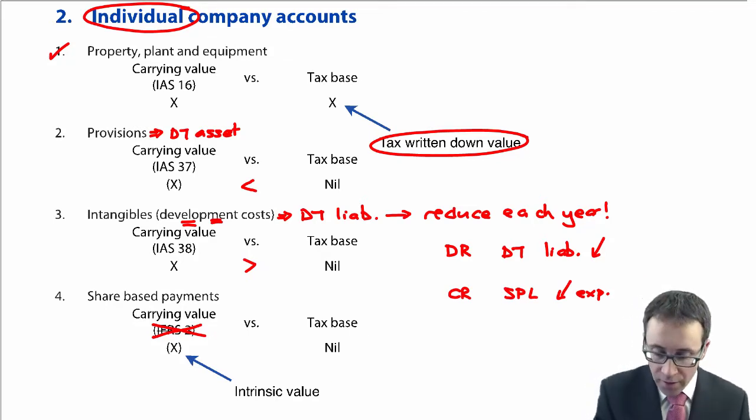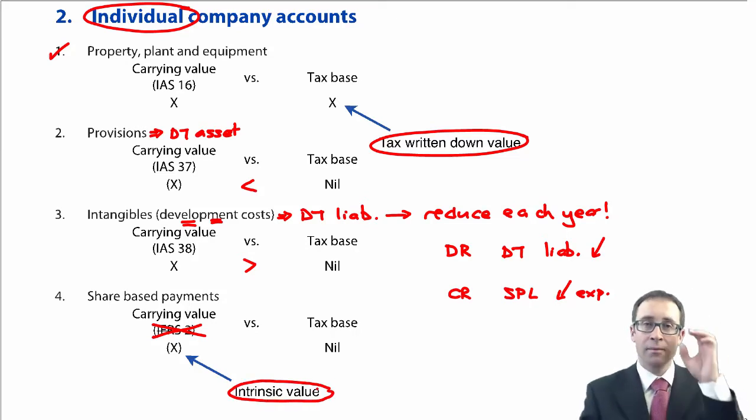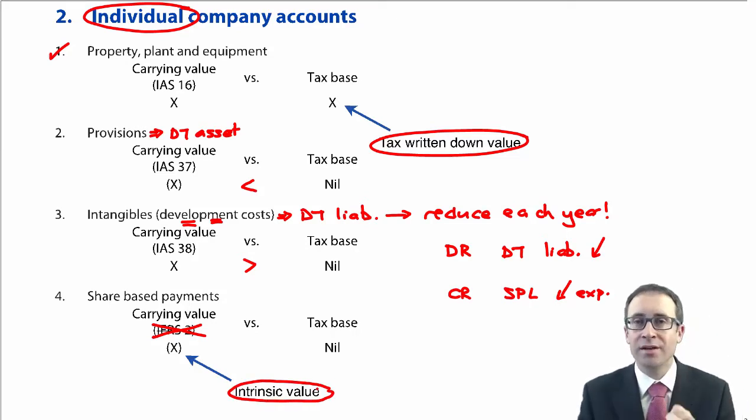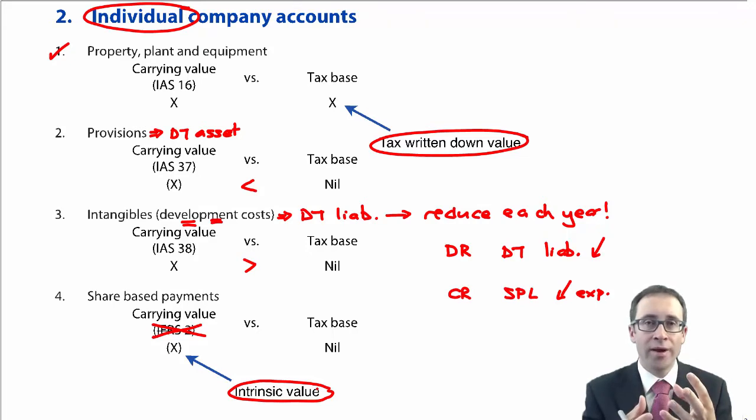So what we do there is we use something that is a little bit more factual. And more factual is the intrinsic value of the option. I don't want to get too bogged down with what the intrinsic value actually is. It's essentially just the difference today of the value of the share compared to what you would pay for it.